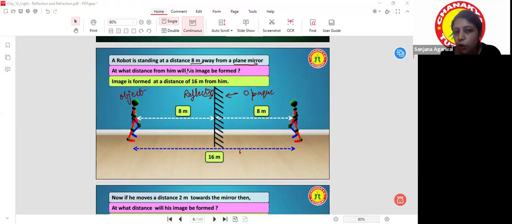At what distance from him will his image be formed if he is standing at 8 meters? Very clearly, as per the characteristics, the image will also be obtained at 8 meters from the mirror. So if the question asks you at what distance the image of the robot is from the robot, it will be 8 plus 8, 16 meters.